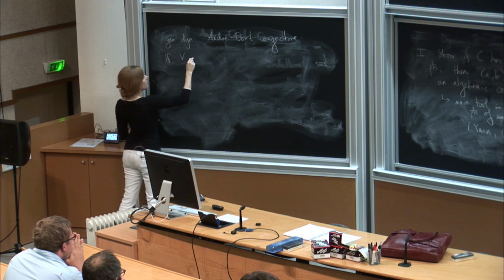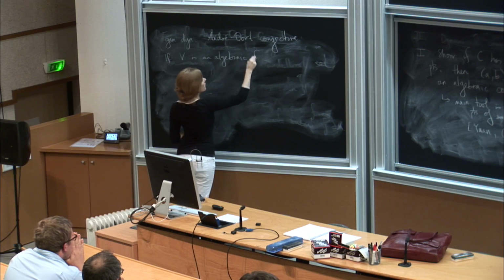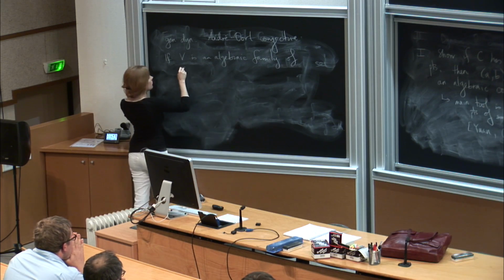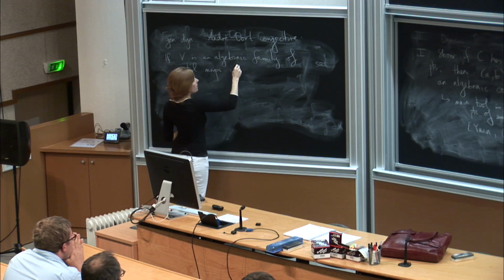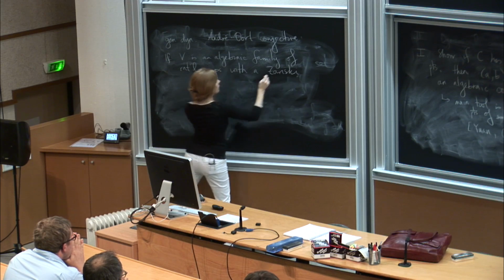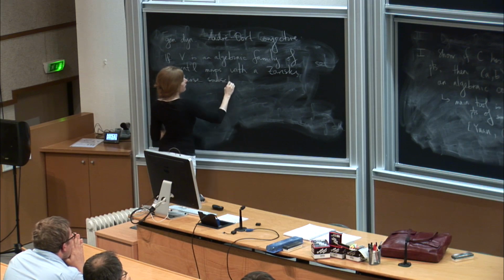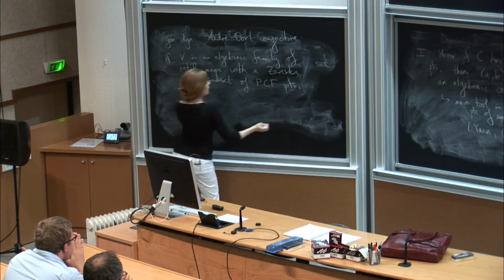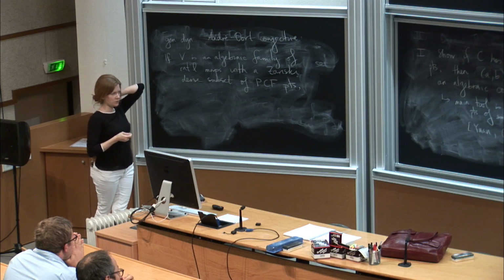So if V is an algebraic family of rational maps with a Zariski dense subset of post-critically finite points, then the conjecture should be essentially what I said about the diagonal being a special curve here.